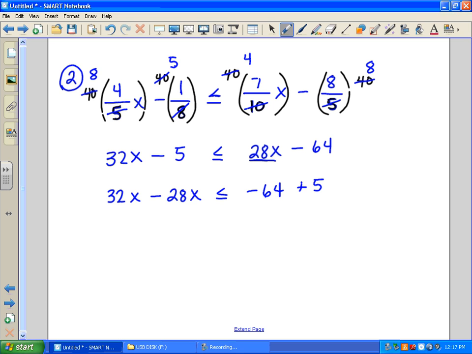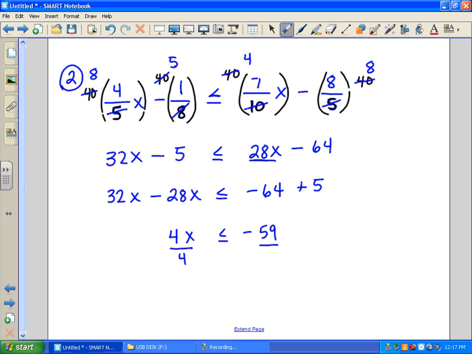Then we simplify both sides, just like we would in a normal problem. So we would have 32 minus 28 gives me 4x less than or equal to, we've got a negative 64 and a positive 5, so that's going to be a negative 59.